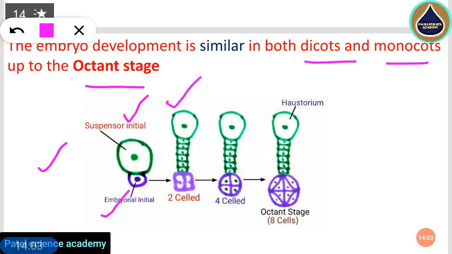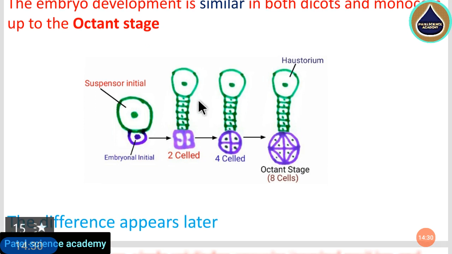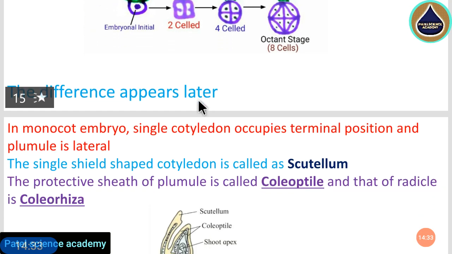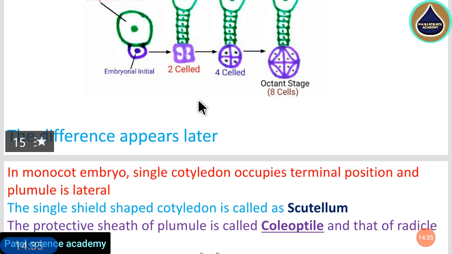The suspensor cell converts into this structure, the filamentous suspensor, in which this structure and this structure, haustorium and hypophysis, are formed, and this embryonal cell converts into two cell, four cell, and finally into the octant stage. And the octant stage, the upper tier and lower tier, finally converts into cotyledon, plumule, radicle, etc. in this structure.